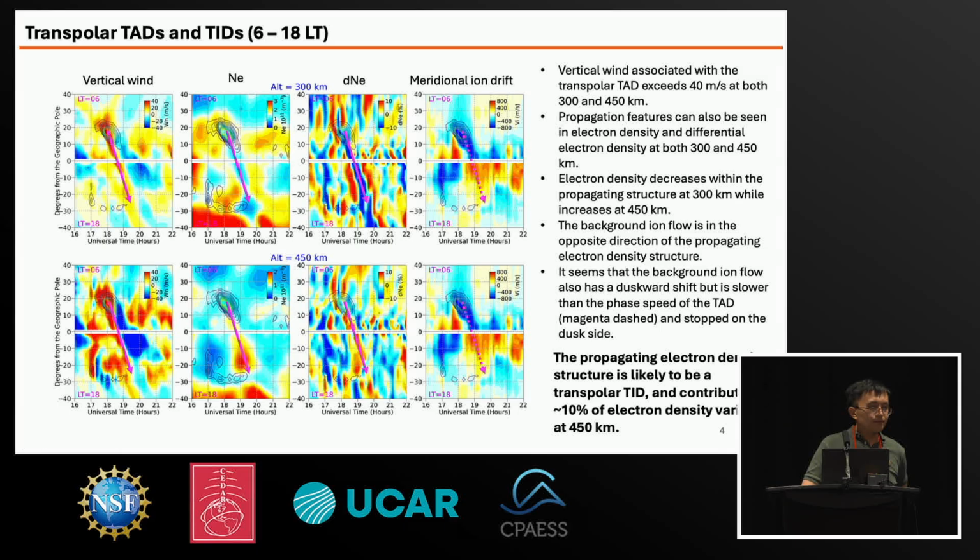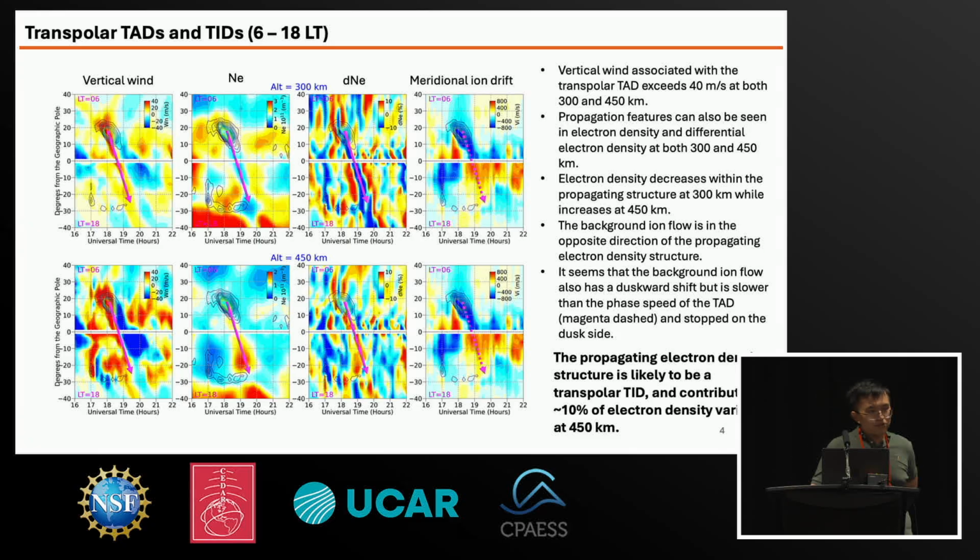At 300 kilometers, the electron density decreases within the propagating structures, while at 450 kilometers, the electron density increases. Also, the background ion flow is in the opposite direction of the propagation. The propagation occurs from the dayside to the dark side, but the background ion flow is from the dark side to the dayside.